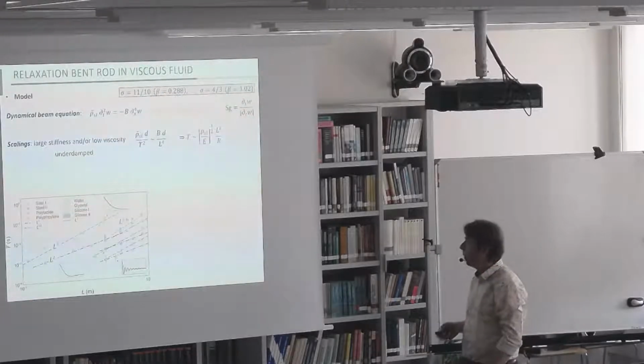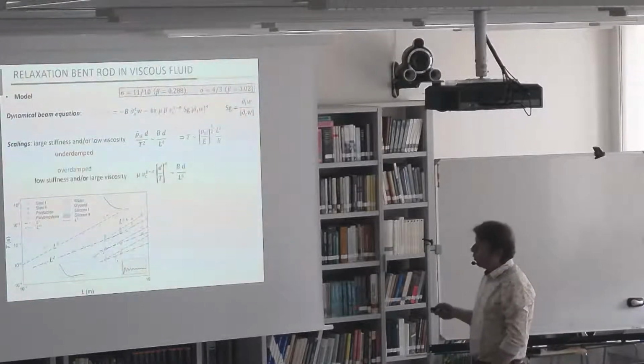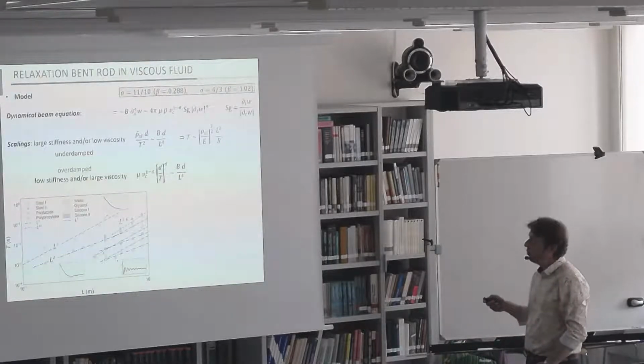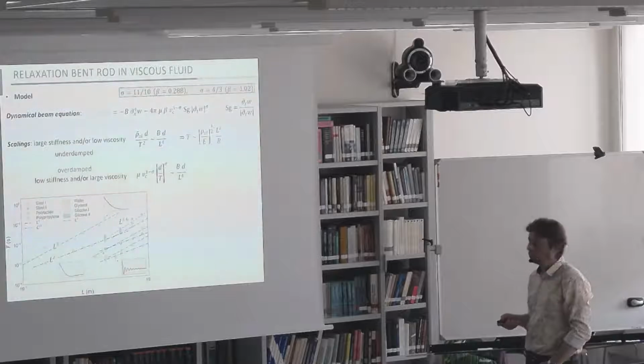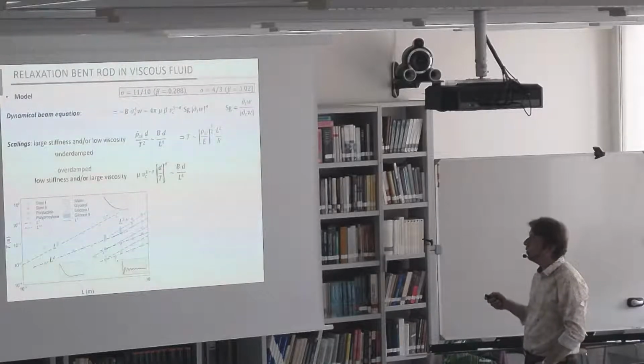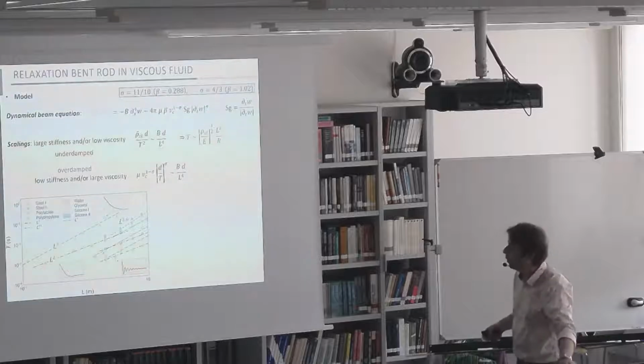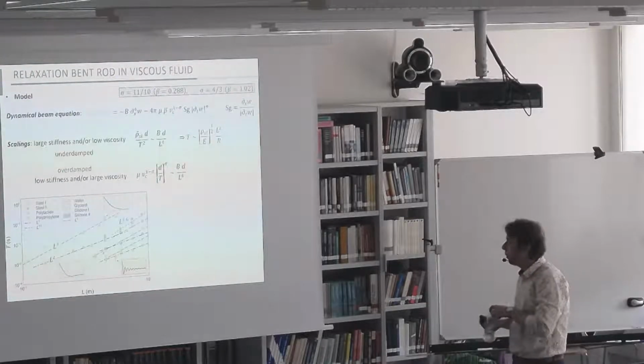Okay. And now we can look at the overdamped regime, where you don't have any oscillation. In that case, you can forget about inertia. And you have to balance the elastic term with the viscous term. The typical order of magnitude of the velocity is just the initial displacement divided by the relaxation time in that case.